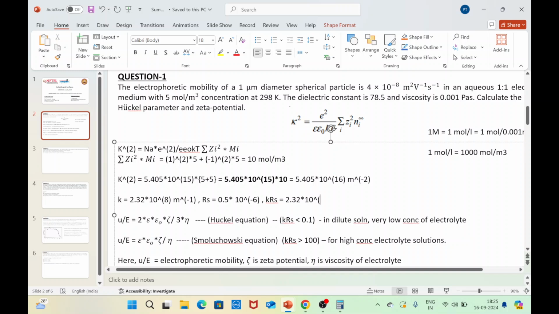So what is the value you're getting? Have you calculated this value? Or can you calculate this value and let me know? What is K times RS?